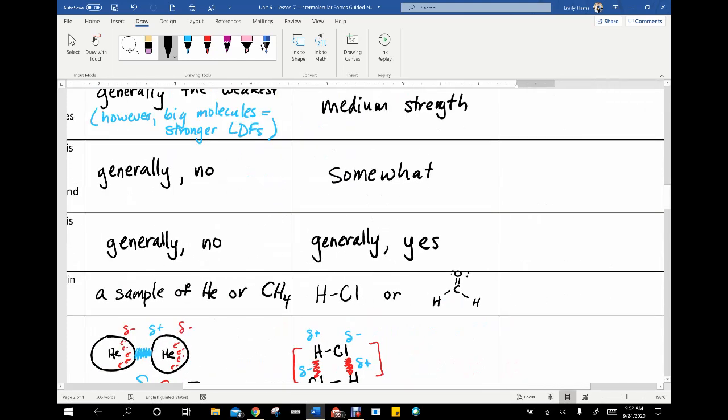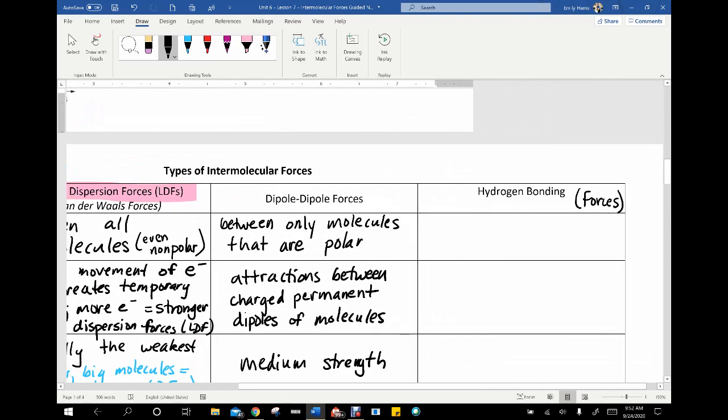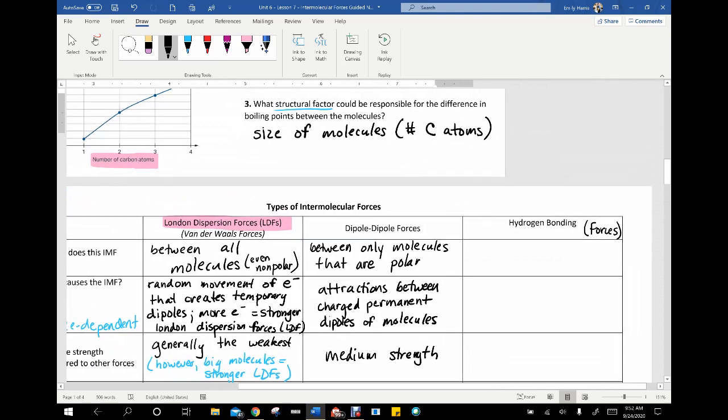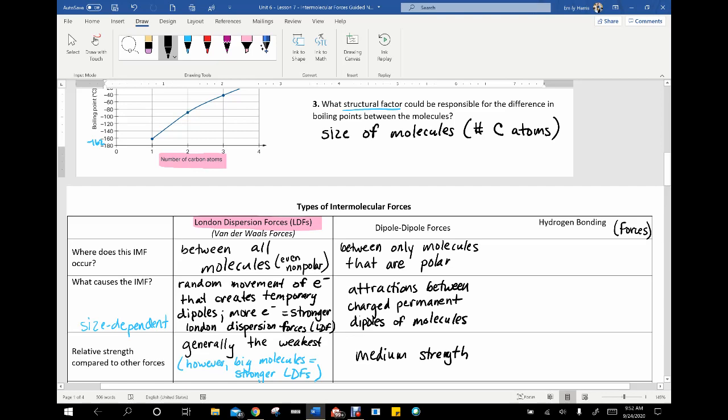Now let's wrap up our chart here with the last type of force, which is called hydrogen bonding forces. So again, it's not a real bond, it's just a very strong type of force.